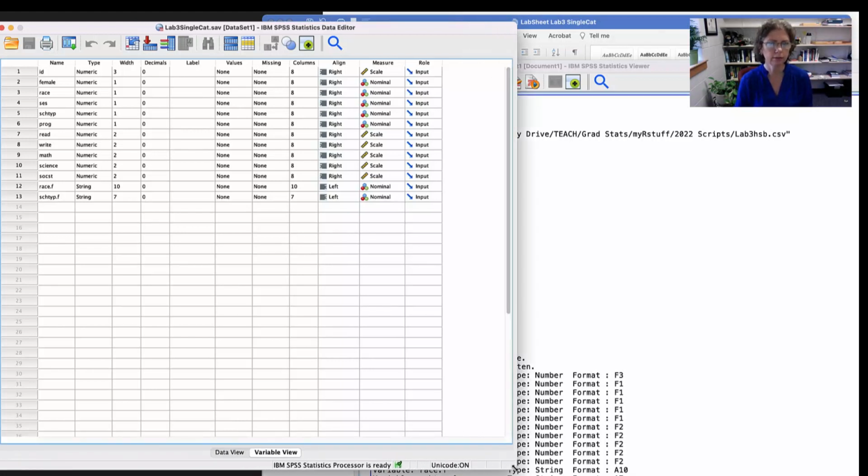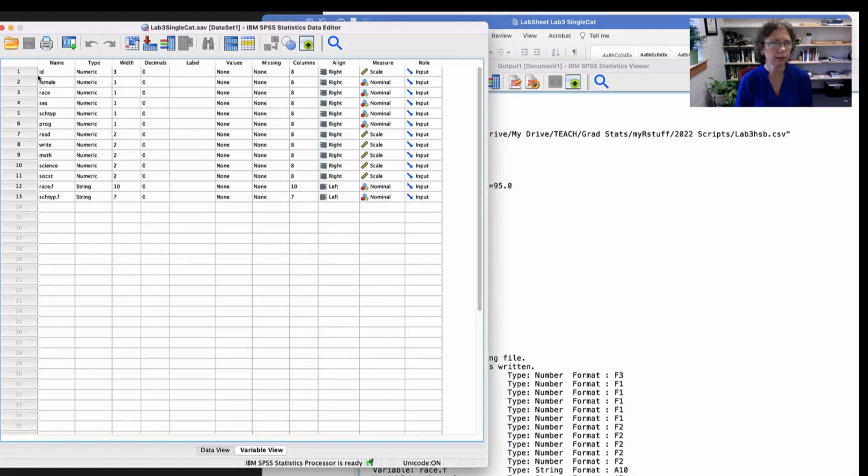SPSS thinks that ID is a scale variable. Well, that is not true. We're going to change it to nominal. And notice that none of the information was brought in as far as what these different variables are, but it did bring in our race factor and our school type factor that we made in RStudio.